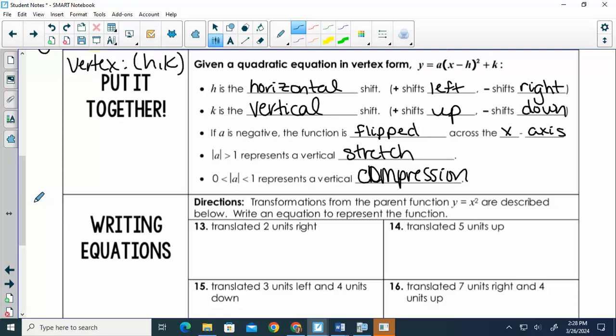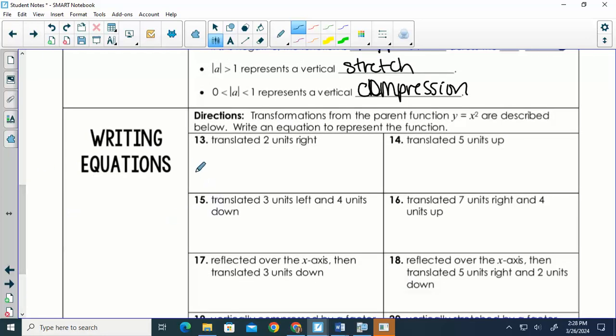So what we're going to do now is use this knowledge to write equations. Our parent function is x squared. If I want to write an equation that would be translated 2 units to the right, the first question is, if you're moving left and right, is it attached to the x or is it outside?